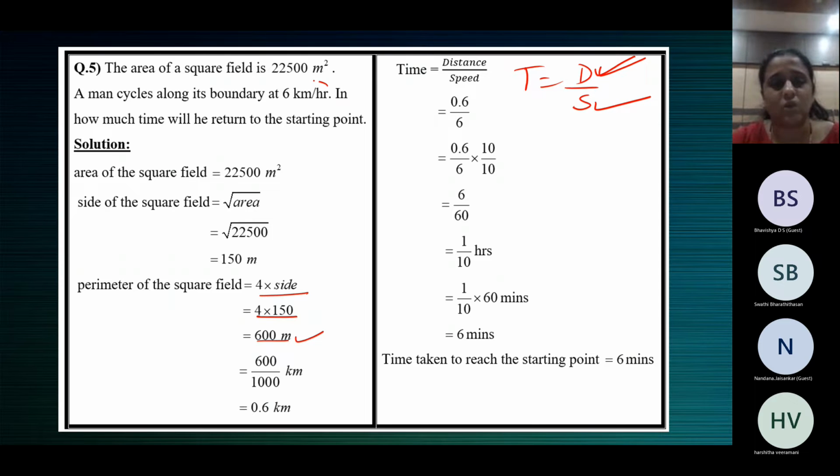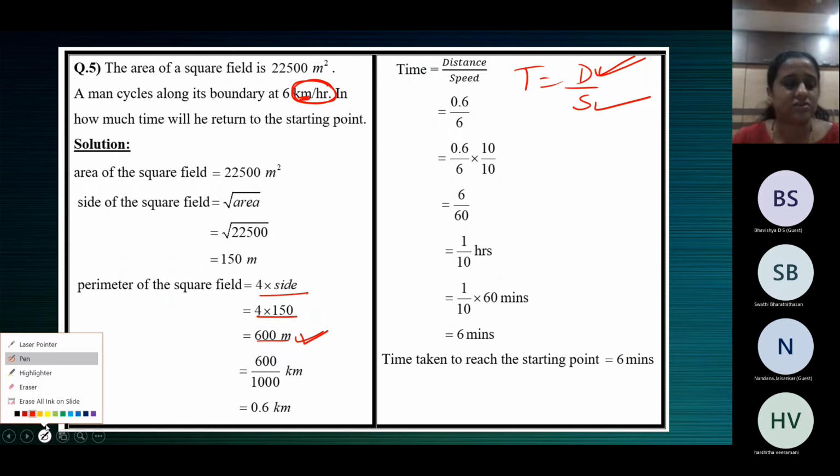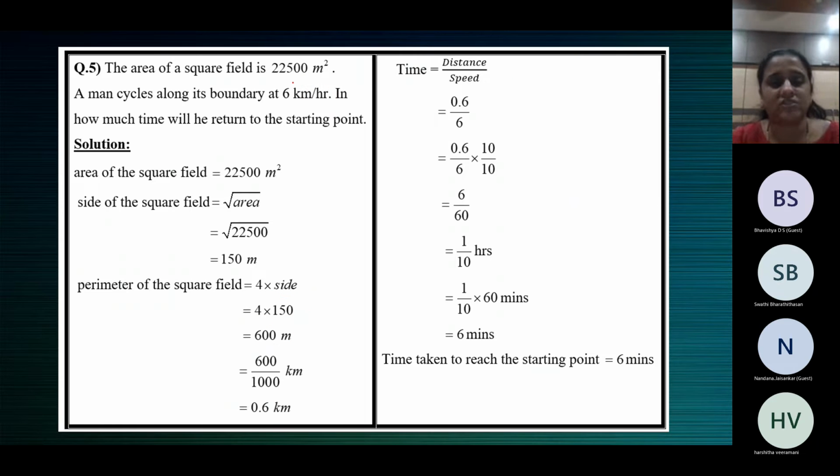But since the speed is in kilometers per hour, you must have the distance in kilometers, but the distance here is in meters. So how do you convert meters to kilometers? 600 by 1000.